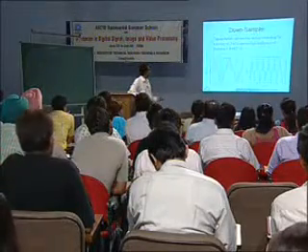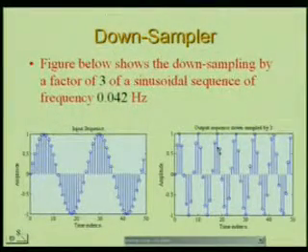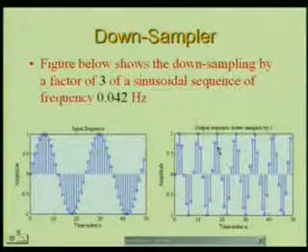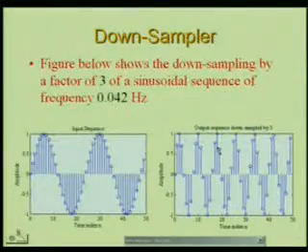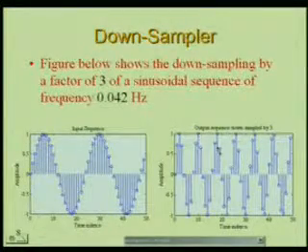You can easily obtain this sequence from the given sequence in the laboratory. By using MATLAB, you can easily generate this sequence, then you apply that particular downsampling technique, meaning you suppress M minus 1 number of samples in between two consecutive samples, so as to obtain this.